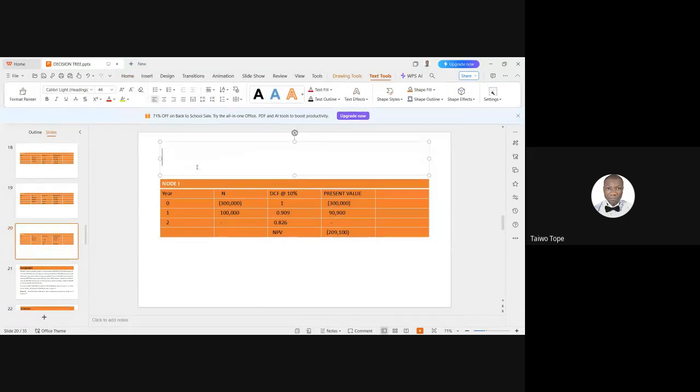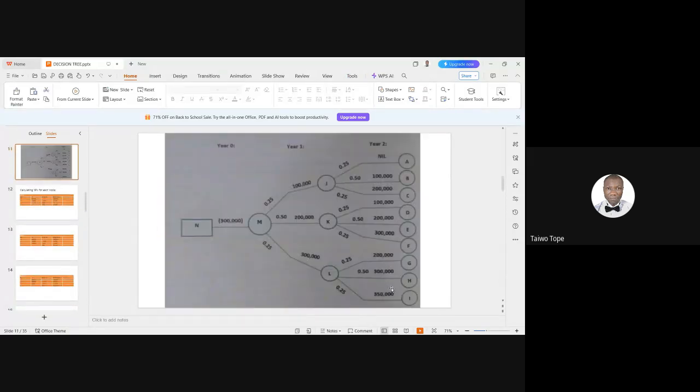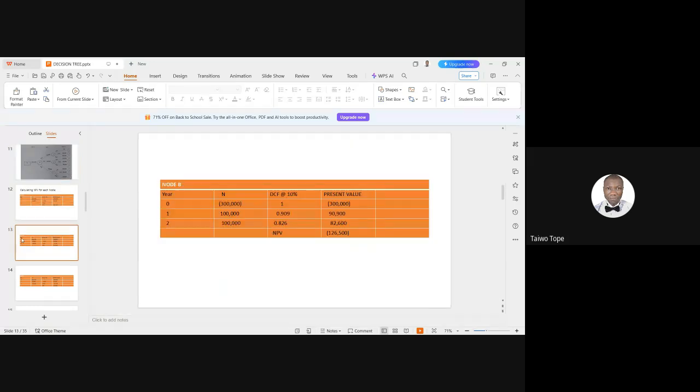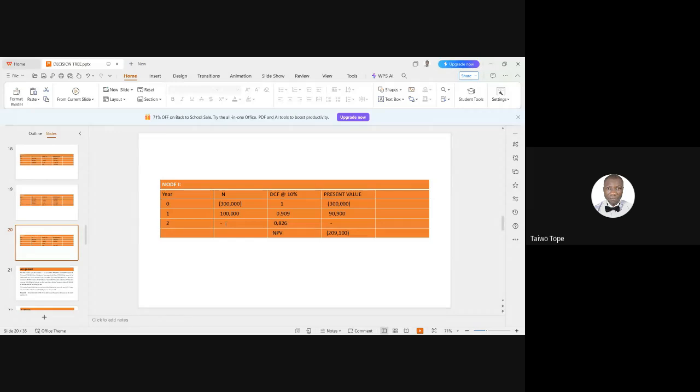So you have this node I here. Let's go to see what is here. Node I. You have 300. That is 350. Okay, 350. So we have this is 300, and this will be 350.